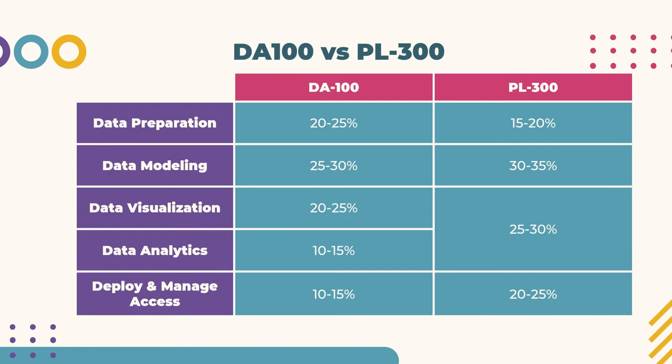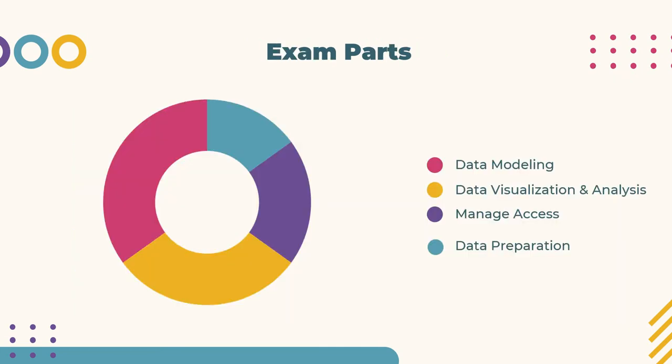And finally, managing access increased from 10 to 15% to 20 to 25% due to the importance of security. So to recap, the largest part is related to data modeling, then data visualization and analysis, then manage access, then data preparation.